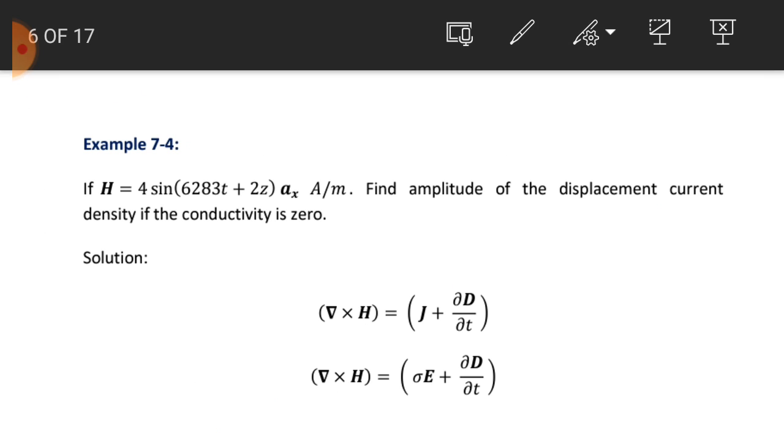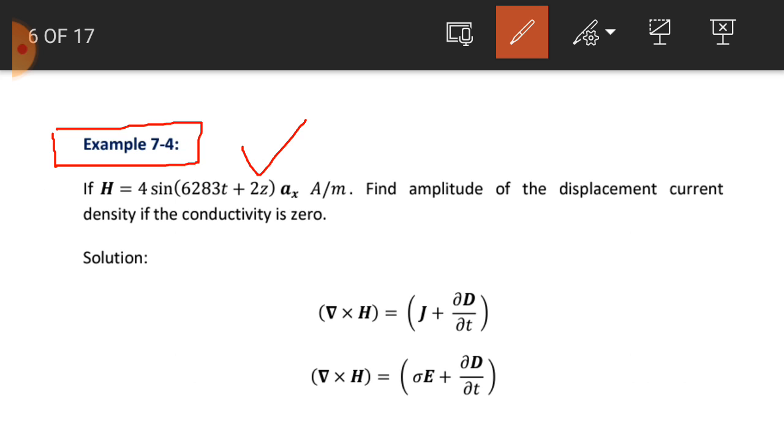There is example number 7.4. So let us do example number 7.4. The equation for the magnetic field intensity is given as 4 into sine of 6283t plus 2z into Ax ampere per meter.